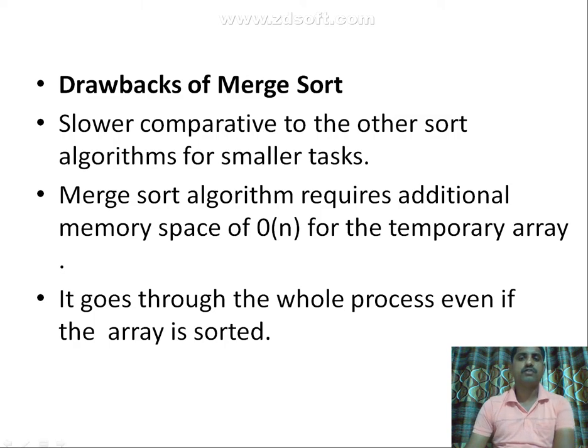So what are the drawbacks of merge sort? It is slower compared to the other sort algorithms for smaller tasks, because of the number of comparisons we have to make. Merge sort also requires additional memory space of O(n) for the temporary array, where we store some of the elements.